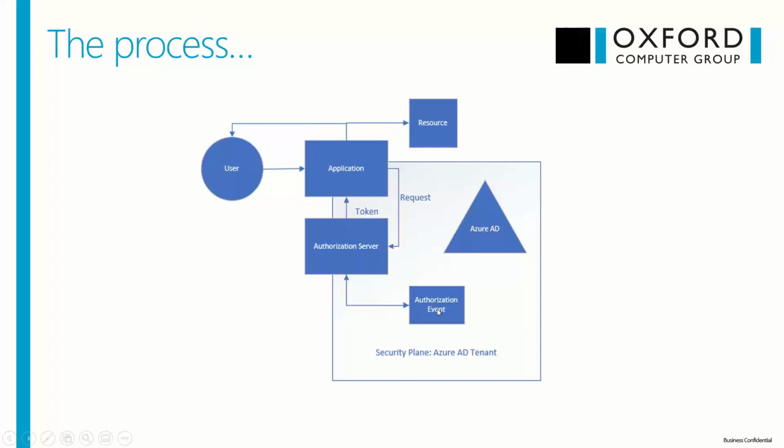If it does have a token in your browser, then the authorization event will grab that, verify it, and bring back the correct tokens for the application if that refresh token hasn't expired. And then depending on what the application determines with the tokens that come back, it will either give you access or not. The application is a level of authorization.